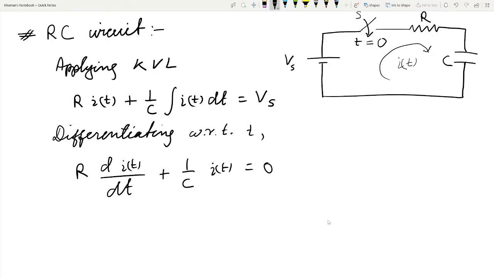By rewriting it we can write di by dt plus 1 by RC i(t) equal to 0.